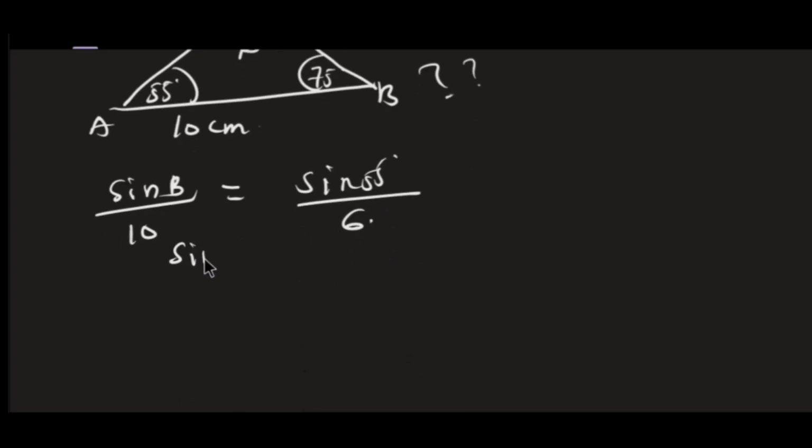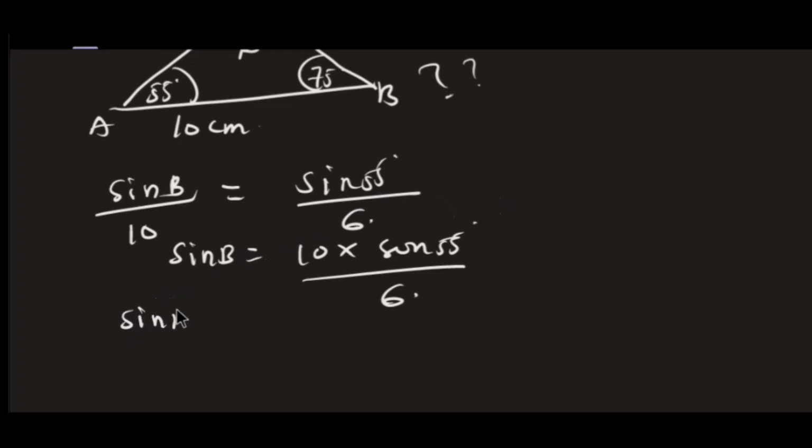From here, we cross multiply, and sine b becomes 10 times sine 55 degrees all over 6. Multiplying, I'm going to get sine b to be equal to 1.3653.